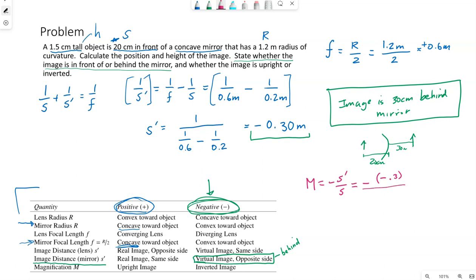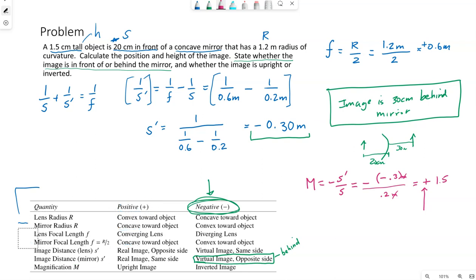Then we put the value we came up with for S prime in, and then S, and we get a positive answer of positive 1.5. There are no units on this answer because this 0.3 was in meters, this 0.2 was in meters. Those units cancel.